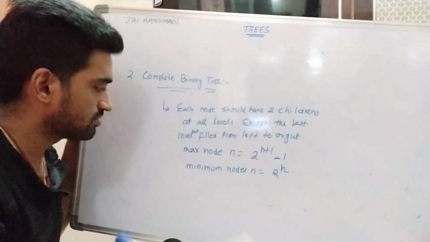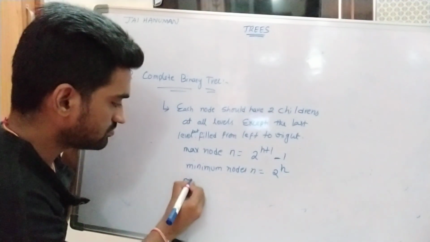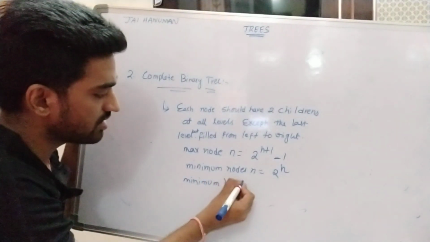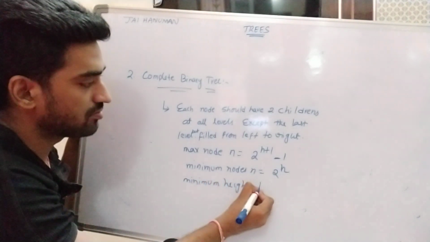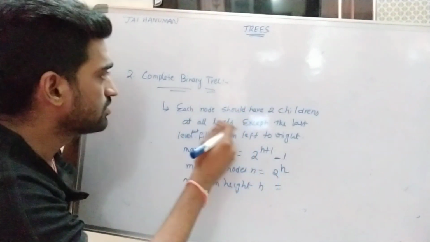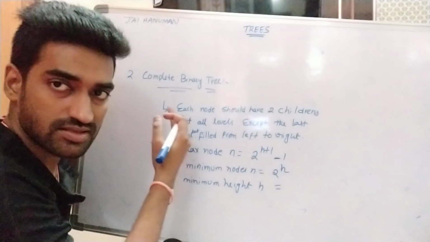minimum height based on the maximum number of nodes. This is the same for a full binary tree as well as a normal binary tree.